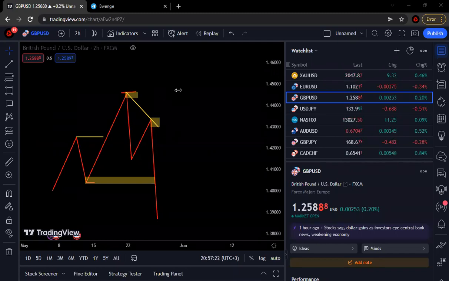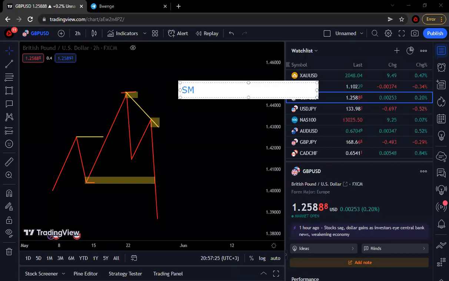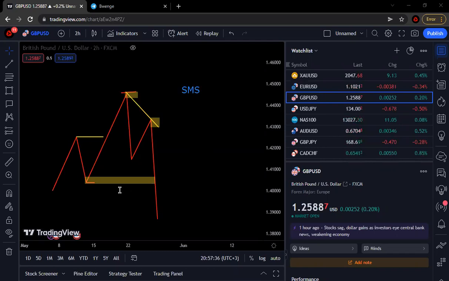That is very important. And that mitigation block must be supply or demand.